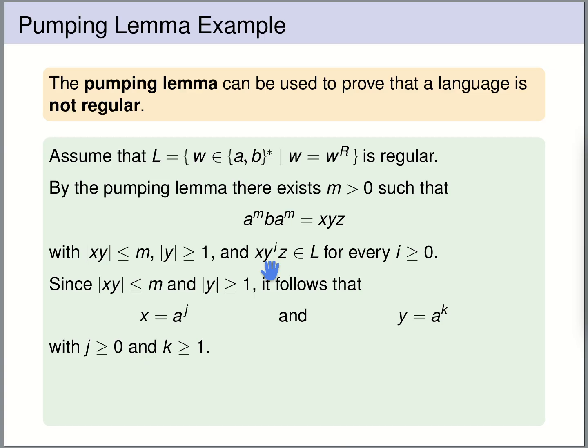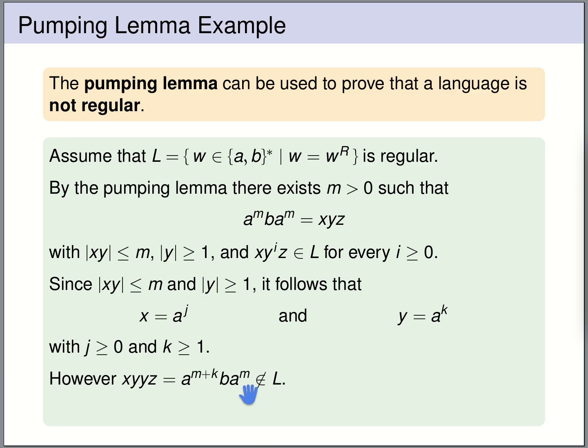The pumping lemma tells us that x, y, y, z must be again in the language. It must be again a palindrome. Is this the case? If we take x, y, y, z, then we increase the number of a's in this first part by k. So we get m plus k a's in the first part. So we get a word of the shape a^(m+k), then a b, and then a^m.